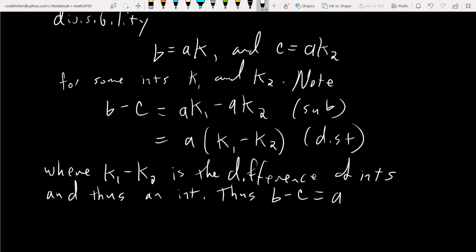Thus B minus C is equal to A times some integer. Sometimes in the book they'll say let Z equal K1 minus K2, and then Z is a difference of integers and therefore an integer, and then you could say thus B minus C equals A times Z, where Z is this K1 minus K2, which is an integer.